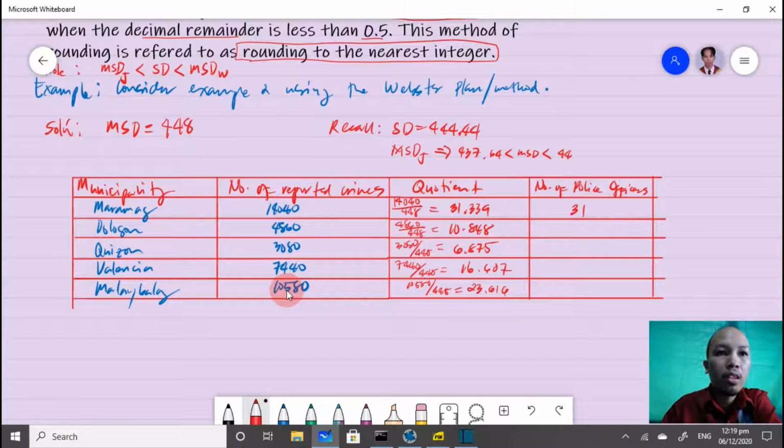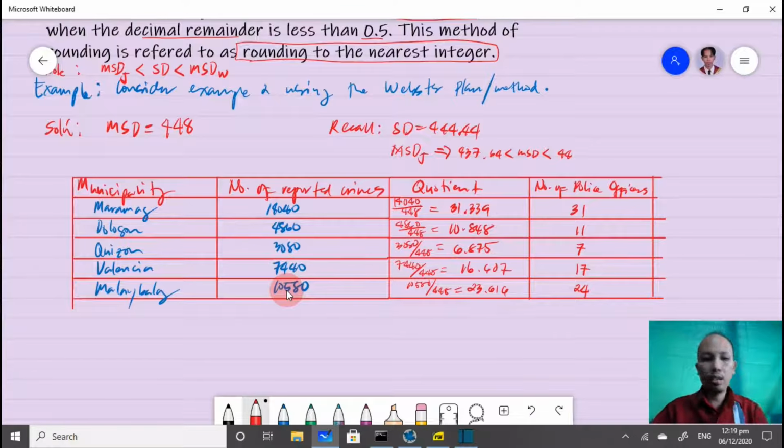This is greater than 0.5, so this is 11. 0.875 is greater than 0.5, so we have 7. 6.607 is greater than 0.5, so we have 17. 23.616 is greater than 0.5, so this is 24.